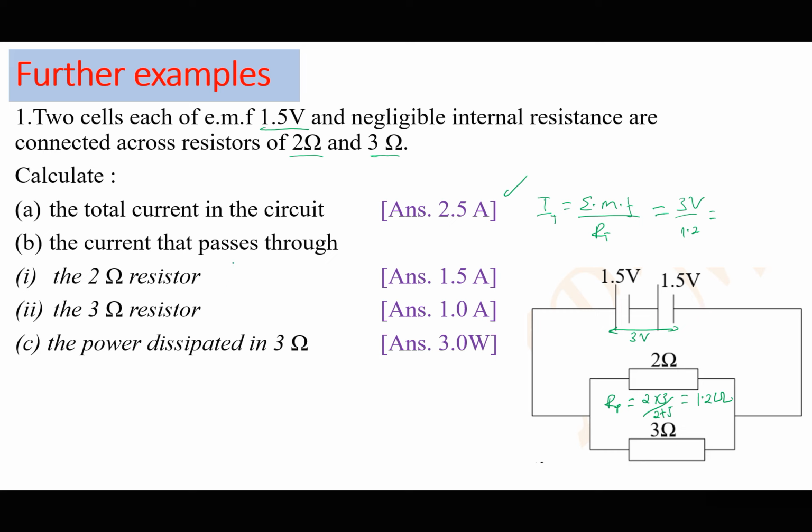So here current is equal to V over R, which is 3 divided by 2. And here the current is V over R, which is 3 divided by 3. The power dissipated in the 3 ohm resistor: power is I squared times R, and the current in the 3 ohms is 1, so 1 squared times 3 gives you 3 watts. So those are very easy questions.